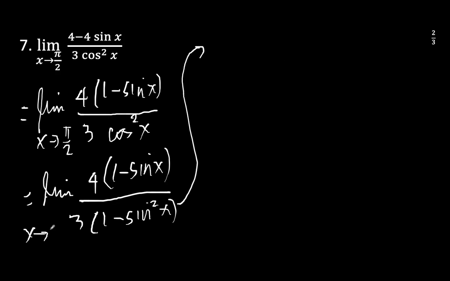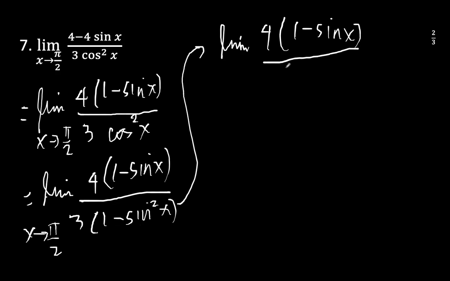As x approaches pi over 2, the denominator can be factored into 1 minus sine x times 1 plus sine x. So the limit of 4 times 1 minus sine x over 3 times 1 plus sine x times 1 minus sine x.